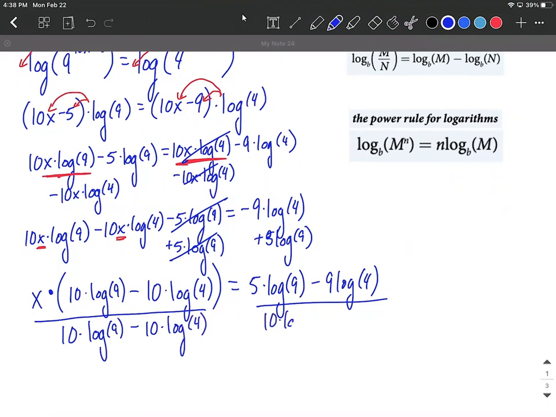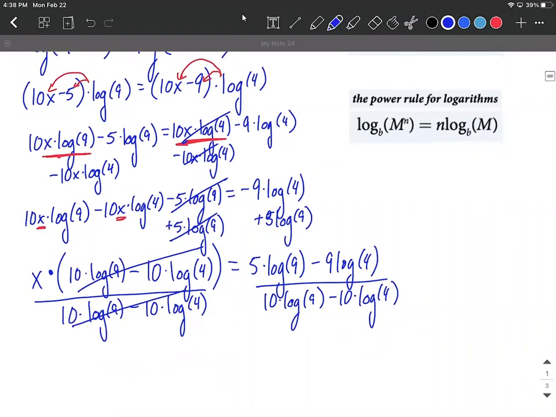So divide both sides by 10 times log of 9 minus 10 times log of 4. Multiplying and dividing by the same thing will create a 1. That'll get x on one side all by itself. And that's a correct solution, an exact solution.